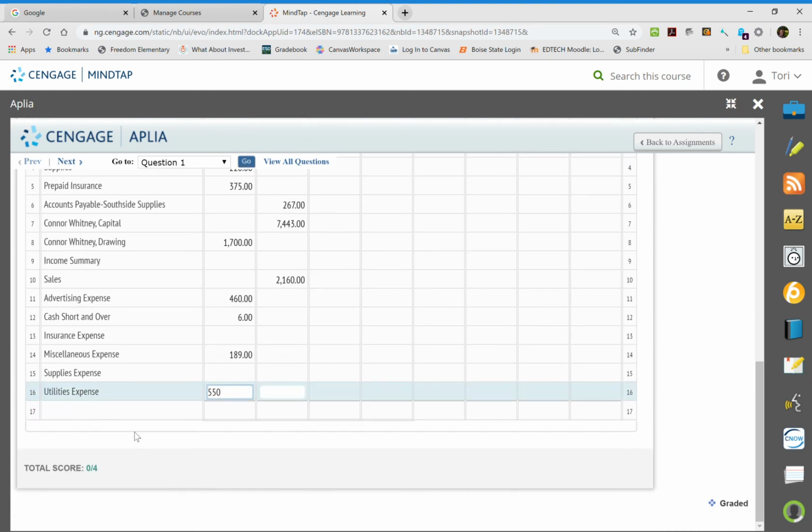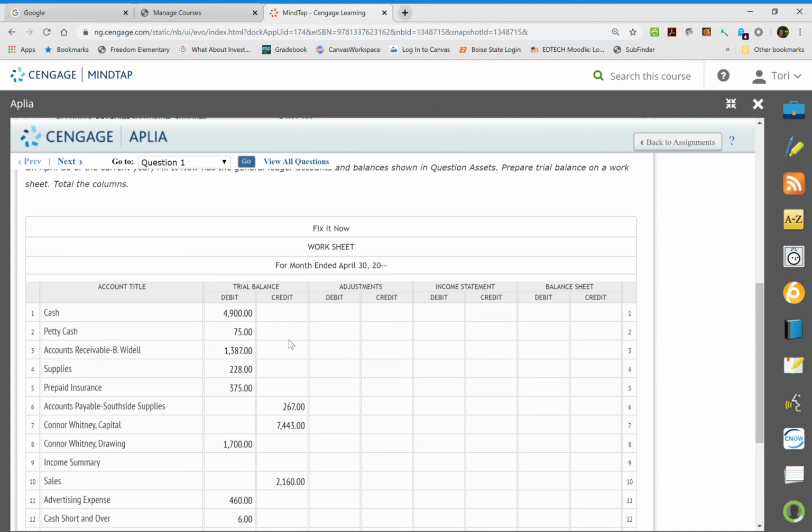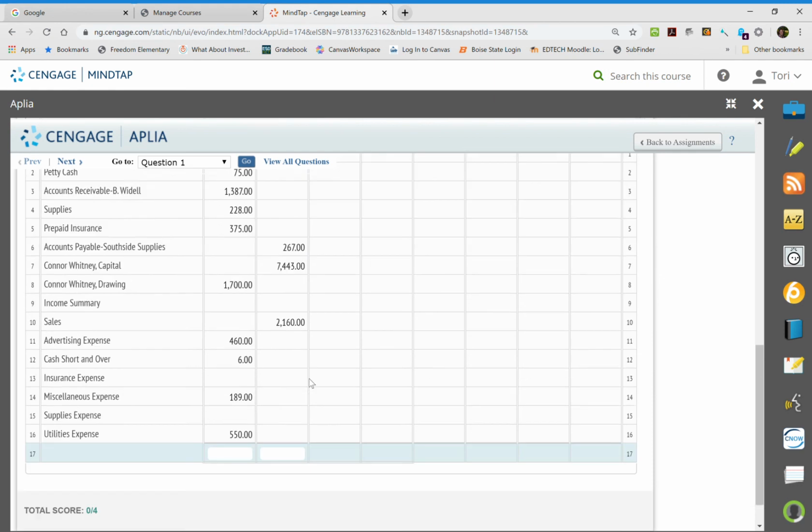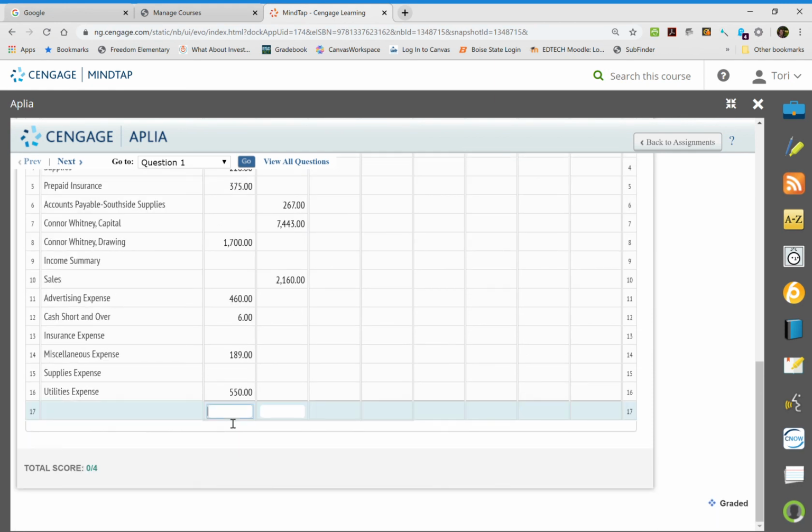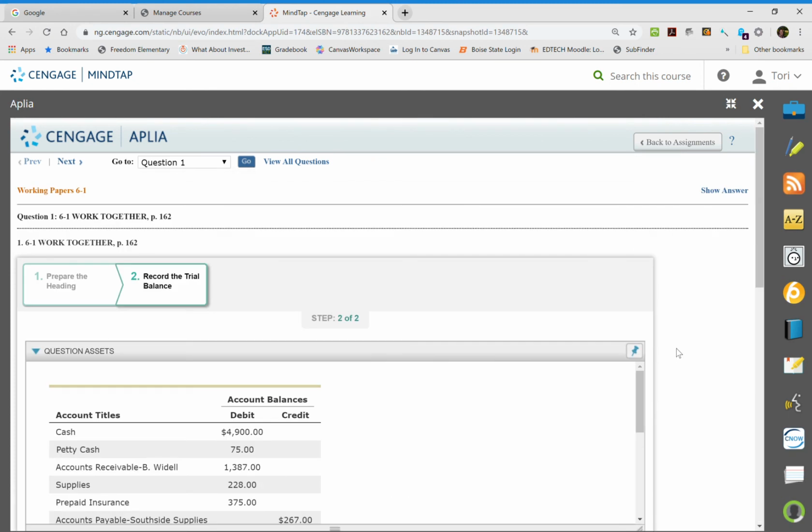At the end, on the very last line, we would total up each account. So we total up our debits and total up our credits. So you add them all up together. Now here is how you can check to make sure you are correct, is if your debits equal your credits. And that is 6.1. If you have questions, please ask your teacher.